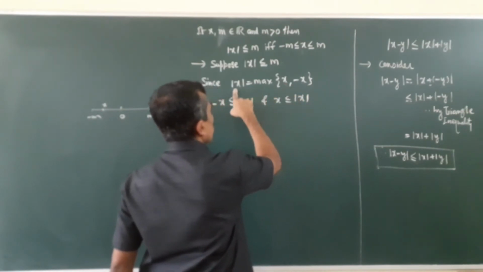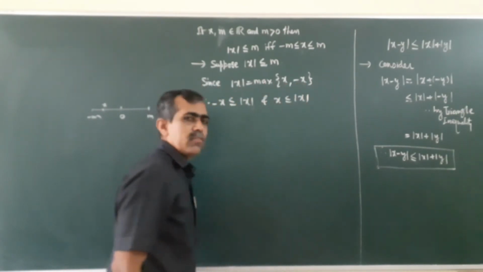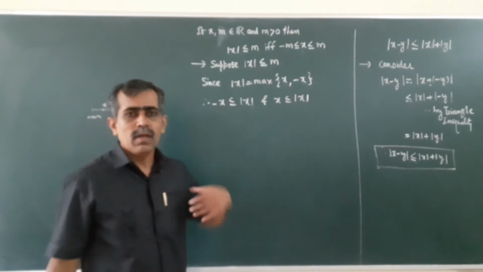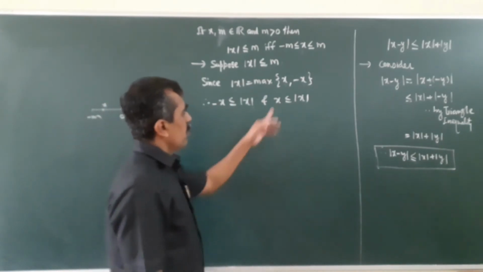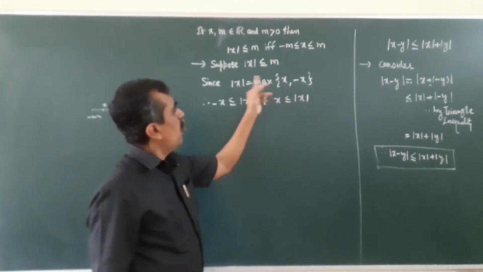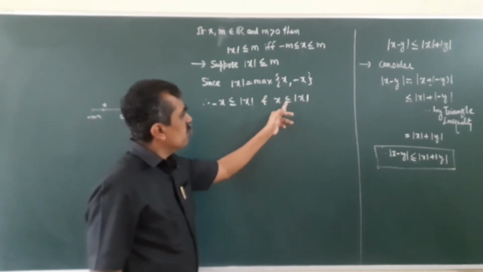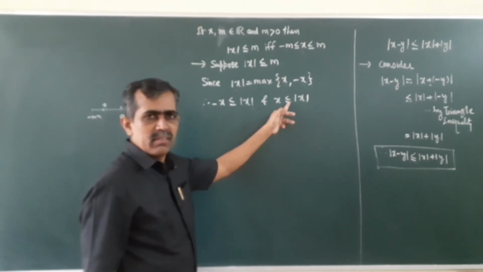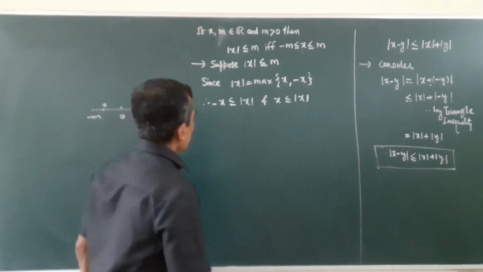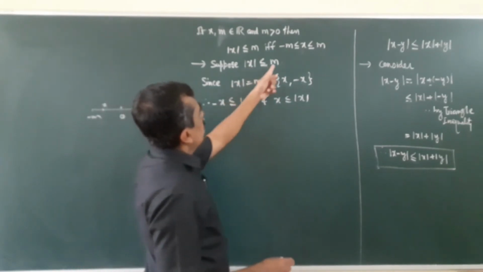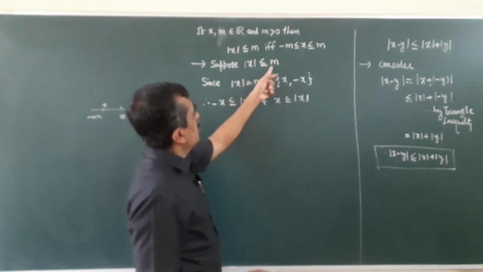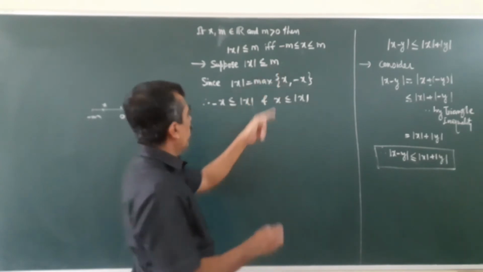If x is maximum, then mod x will be x, that's why equal to. Otherwise, less than. But mod x is less than or equal to m.